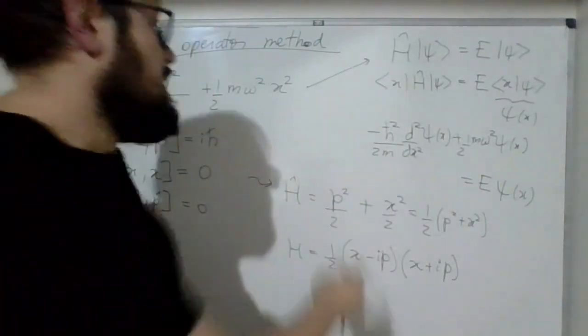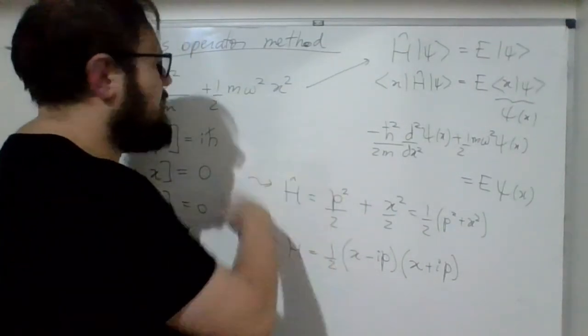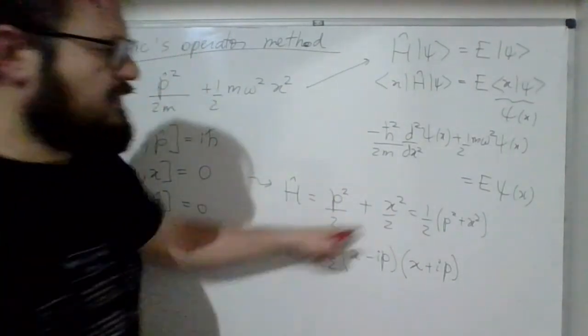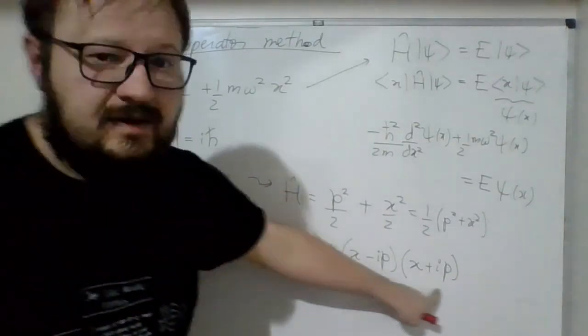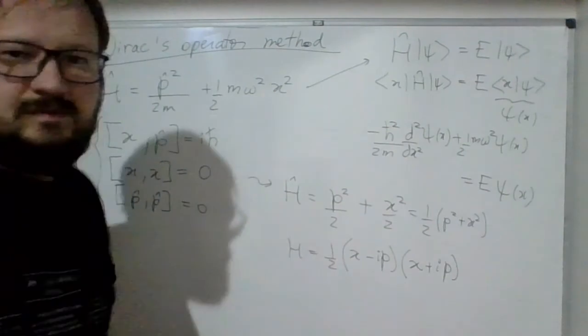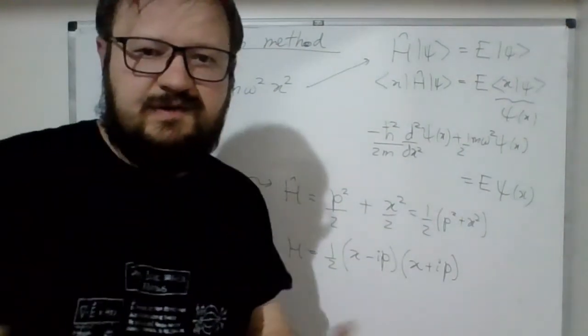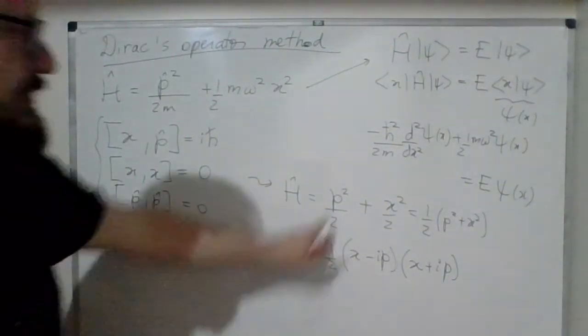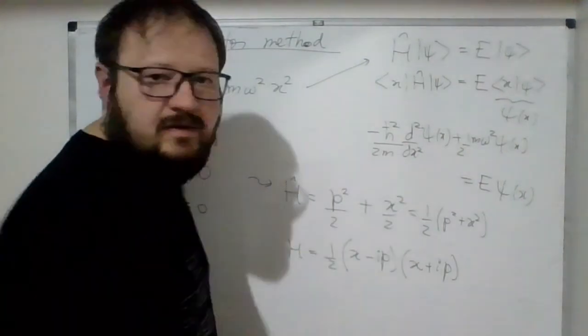So in appropriate units, you could rewrite the system in the following form. You can separate the squared quantities.